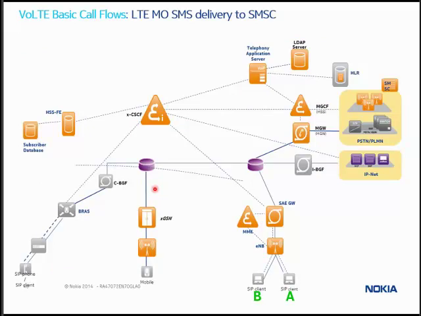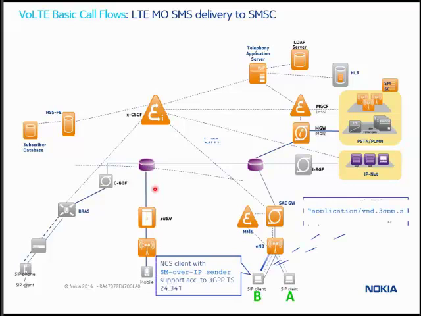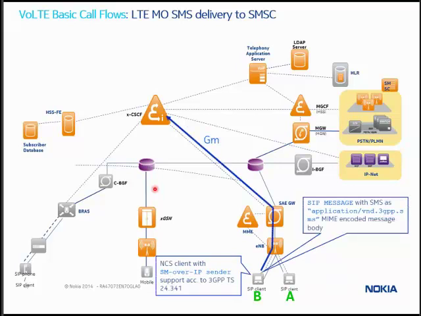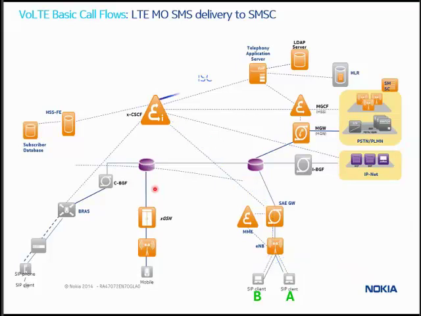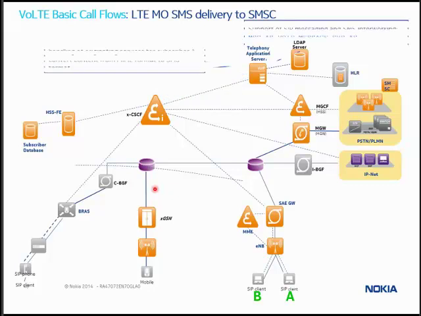Now, let's look at those flows more directly. Subscriber B is sending a text message to the CSCF. So we're sending it as an application. The CSCF will go ahead and authenticate the subscriber.